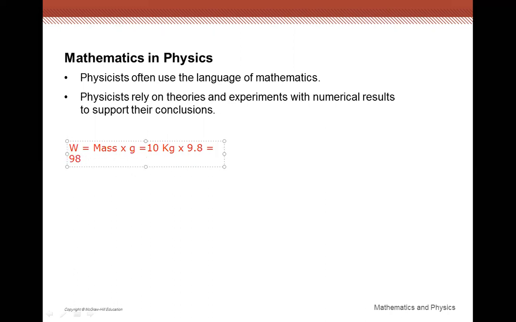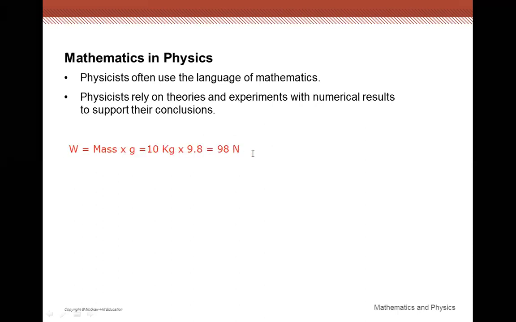How can he define that this is the value for the weight? He is going to use the metric system, or a unit. It is called Newton. So the physicists express the weight value by the formula mass multiplied by gravity acceleration, and they calculate it by substitution, 10 kilograms multiplied by 9.8, and then they write the unit at the end.